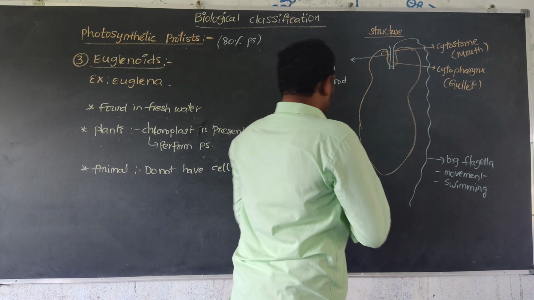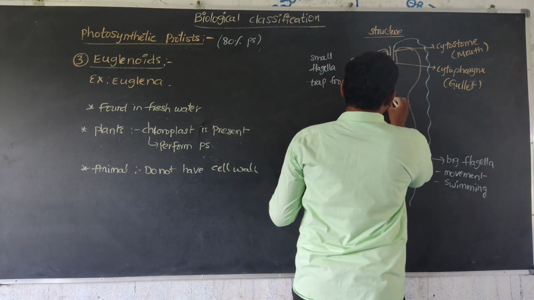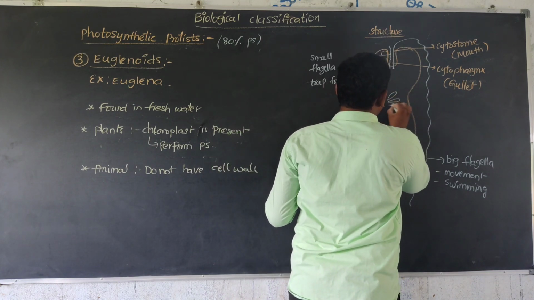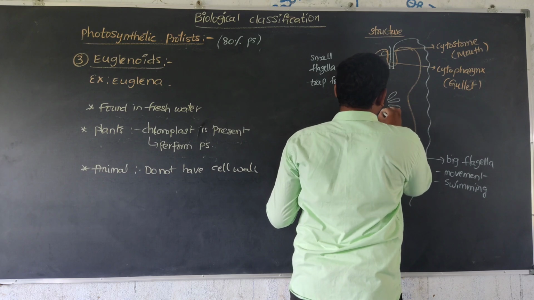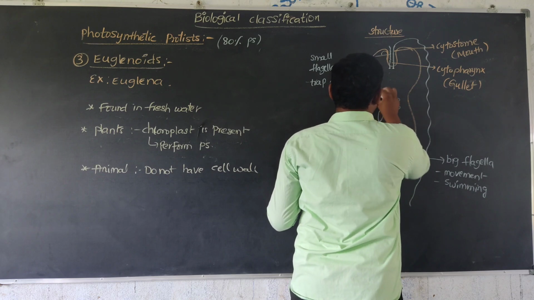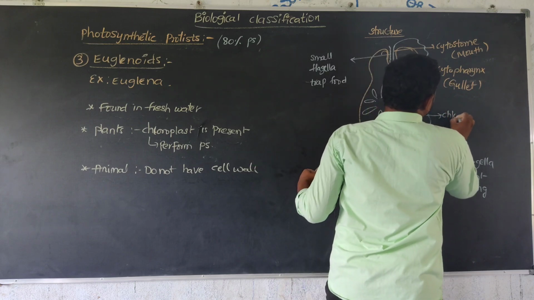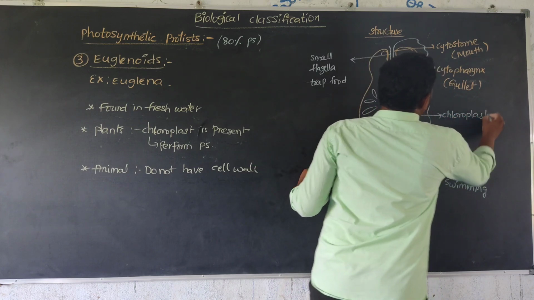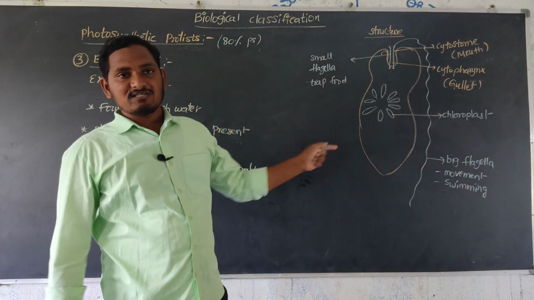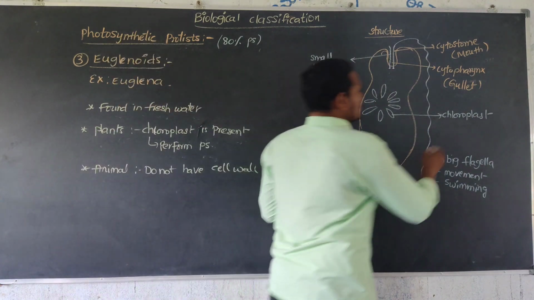Next, chloroplast is present inside. Chloroplast is present in circular shape in the cytoplasm.